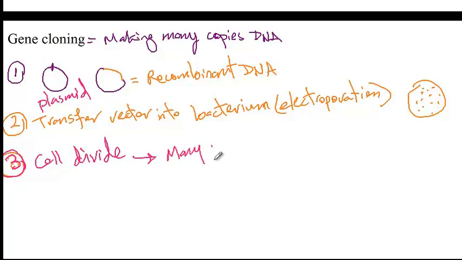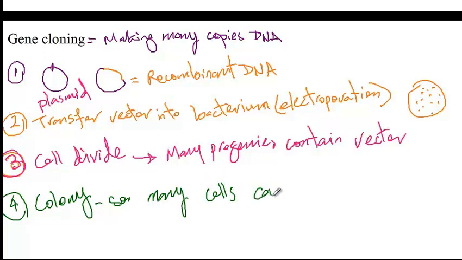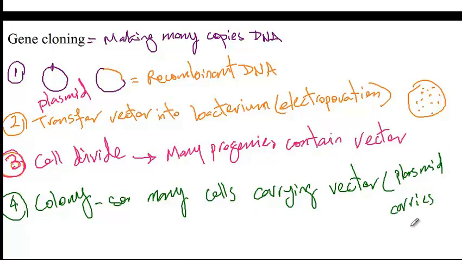Many progenies will be made that contain the vector. And so once many divisions are made, a colony of those cells are made that contain the vector, and this vector is containing the recombinant DNA. So now we have so many cells carrying the vector or the plasmid that carries our gene of interest.